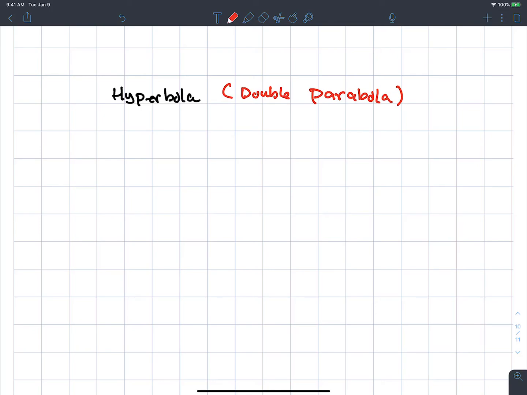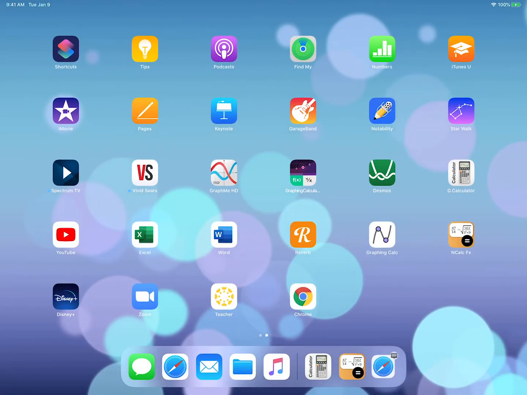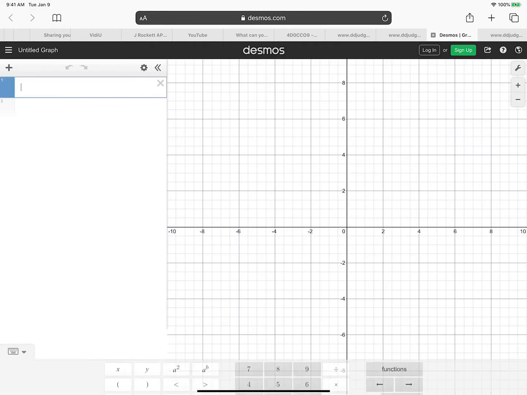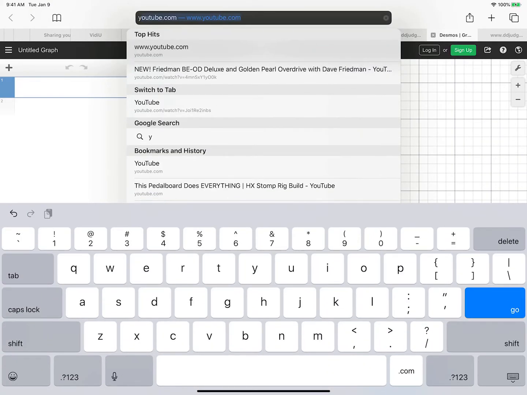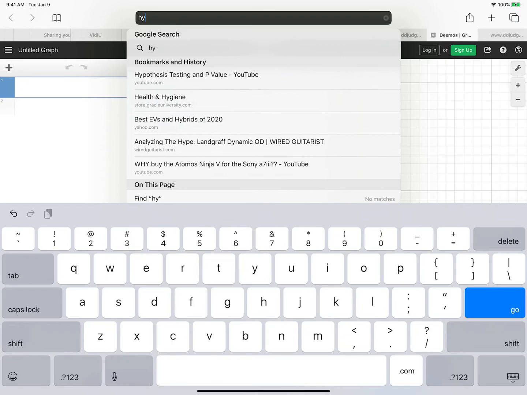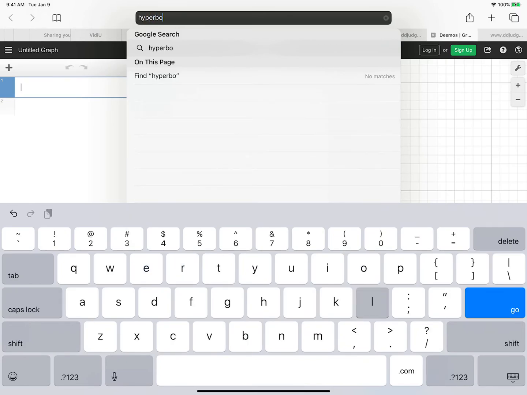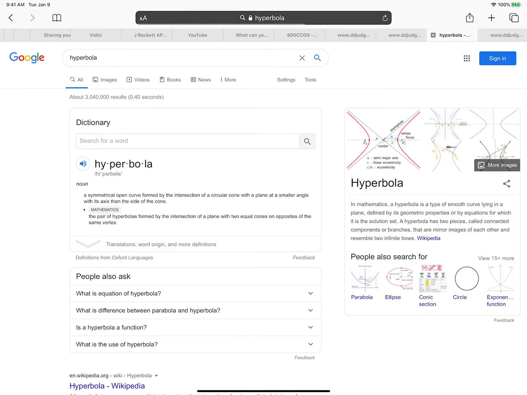All right, well, let me do this. How about if I do this? Let me see. I'm going to try something here. Nope. Not Desmos. I'm going to put hyperbola. Maybe that'll work. And you go here.